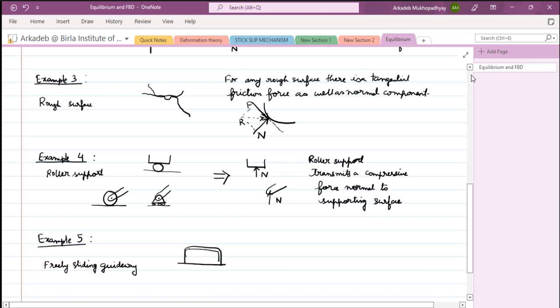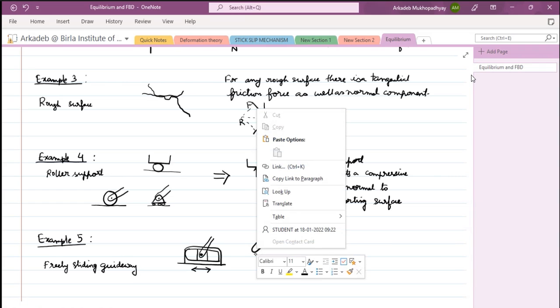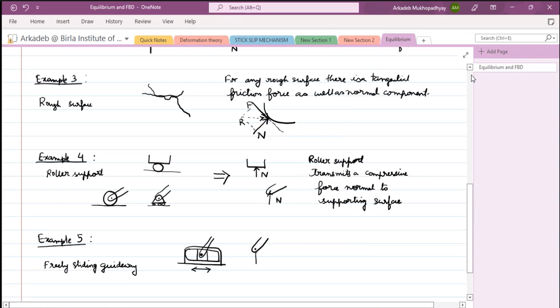Inside this guideway, this is sliding like this. Even when we are designing a mobile phone, if it is sliding, there is still a role of mechanical engineering. On this hinge, there will be a normal force that will be transmitted.